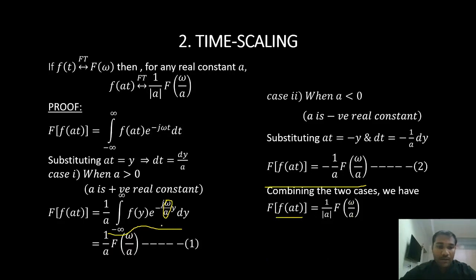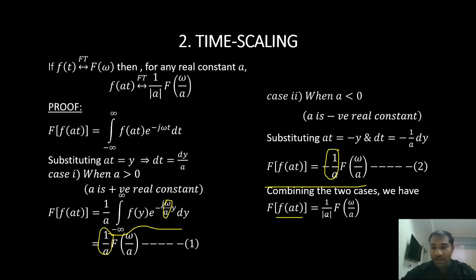See, when a is positive, 1 by a is positive. When a is negative, negative of 1 by a is also positive. So whatever the value of a, whether it is less than 0 or greater than 0, the coefficient is always positive. So we are writing it as 1 by mod a.